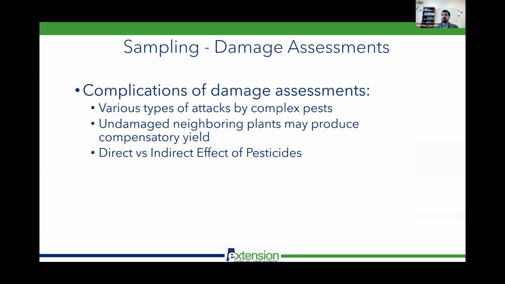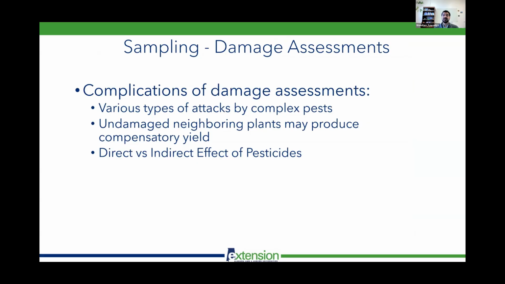And so when we're talking about damage assessments, there are a few complications to take into account that might underestimate the amount of damage that we're measuring. So, for example, we might have various types of attacks by complex pests, whether they're affecting the fruit portion of a crop or they're affecting the non-marketable portions.